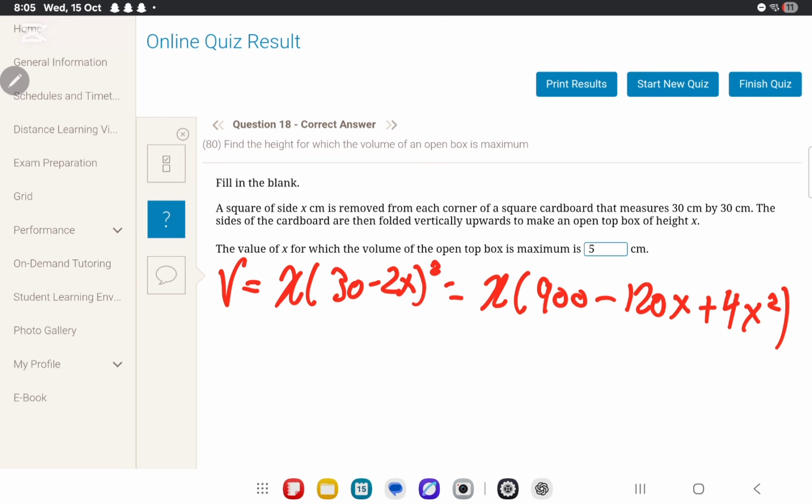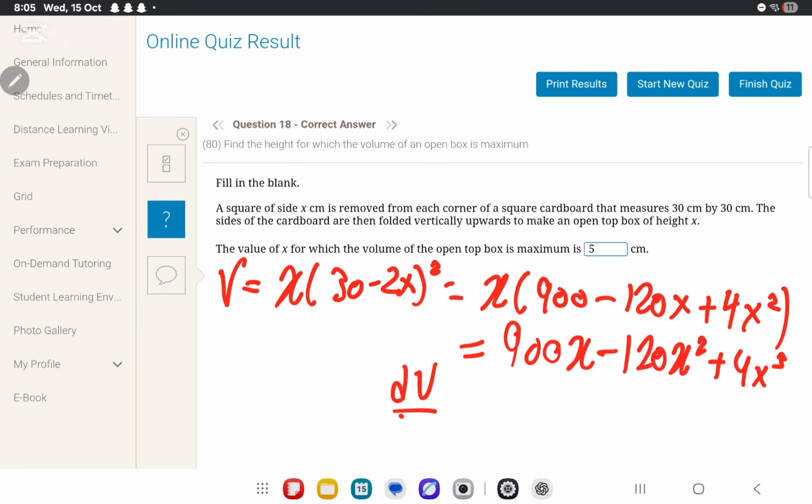So now I'm gonna expand x into this. 900x minus 120x squared plus 4x cubed. Okay, so now doing this, derive this. So it's gonna be dV by dx is equal to 900 minus 240x, right, plus 12x.